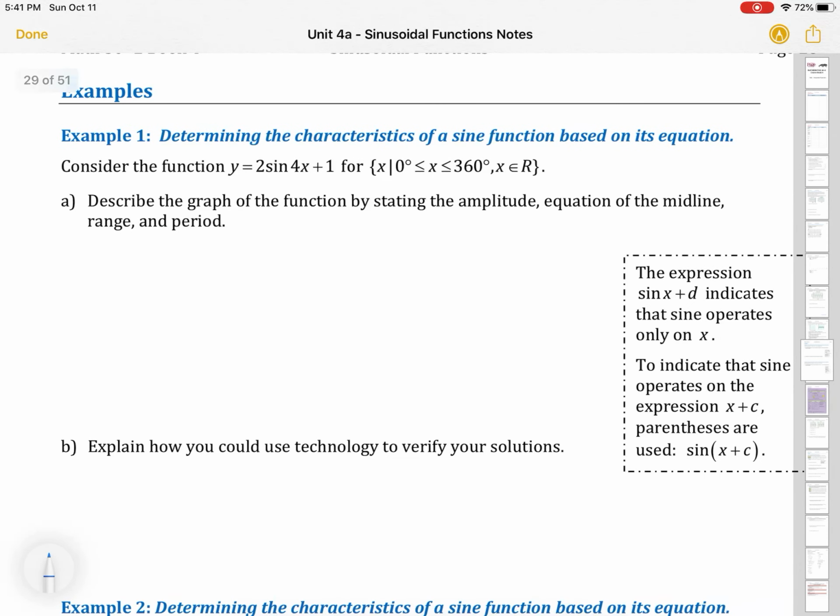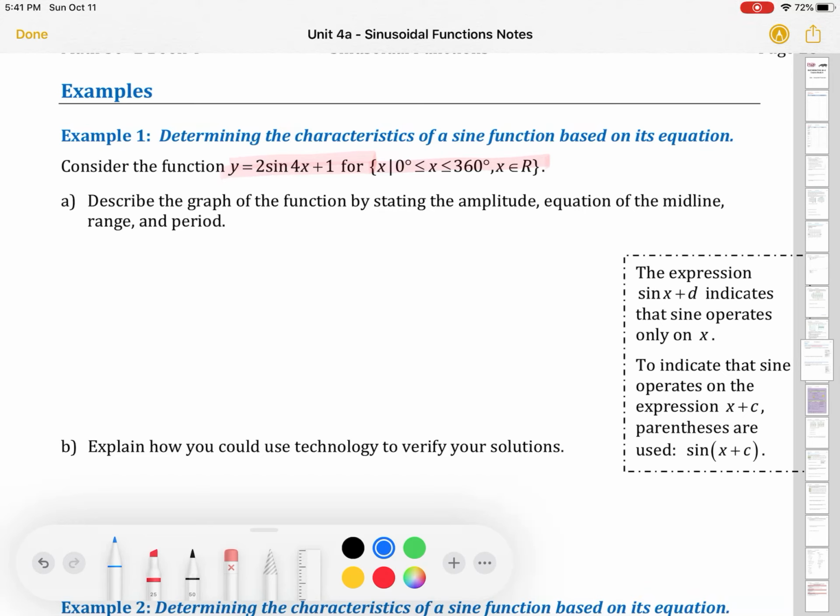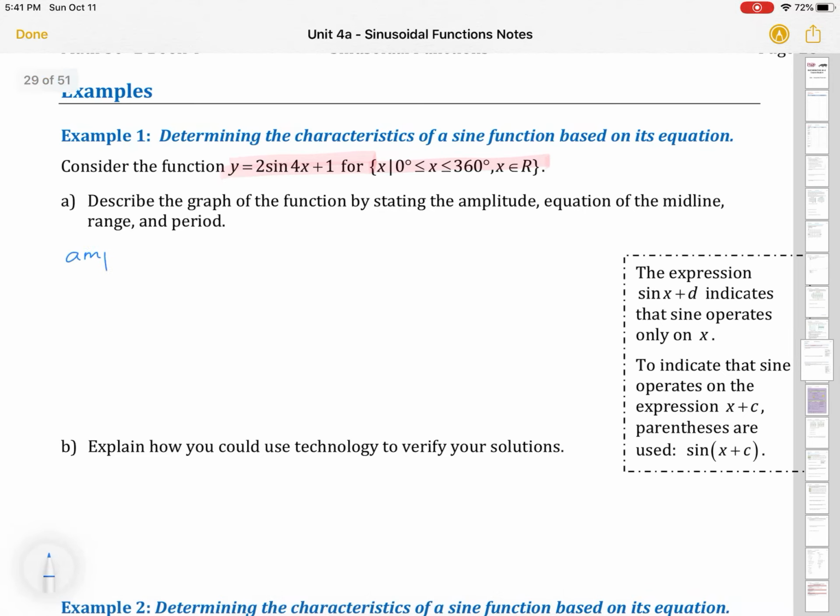Determining the characteristics of a sine function based on its equation. So consider the function y is equal to 2 sine 4x plus 1, for x is equal to 0 to 360 degrees. That's our domain. It says describe the graph of the function by stating the amplitude, the equation of the midline, range, and period.